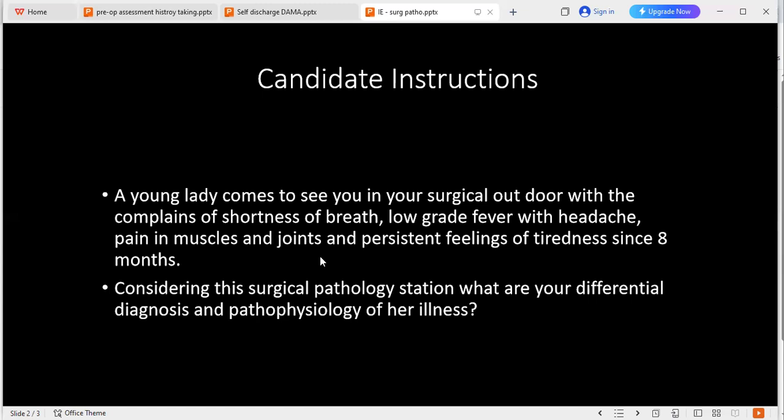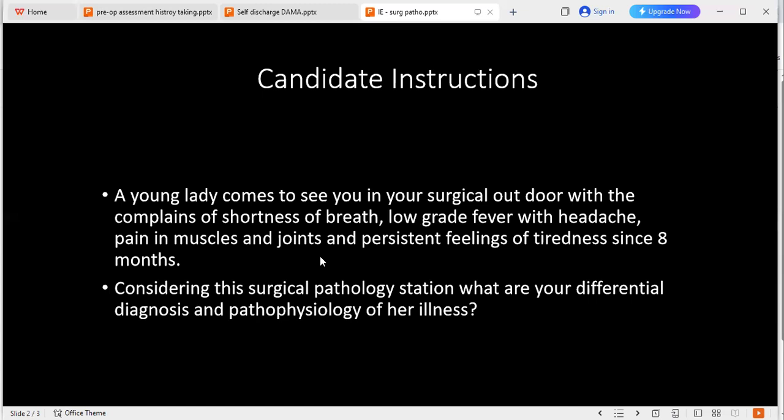We have to give a broad spectrum IV antibiotic, depending on the culture and sensitivity, or talk to the microbiologist, for 6 weeks. We prefer mainly ceftriaxone or vancomycin, and if she has not improved, then we have to go for surgical treatment.